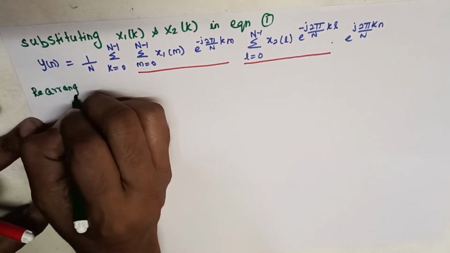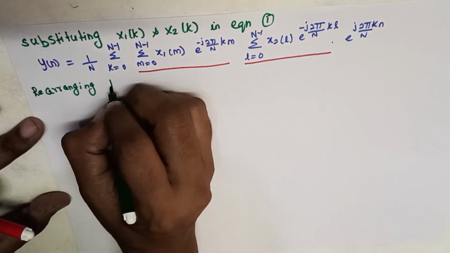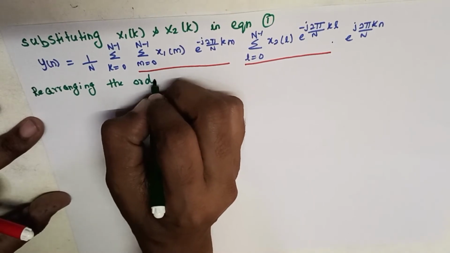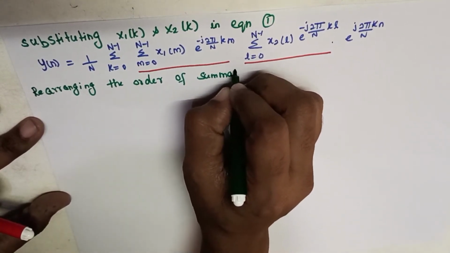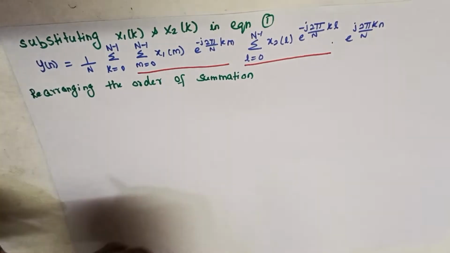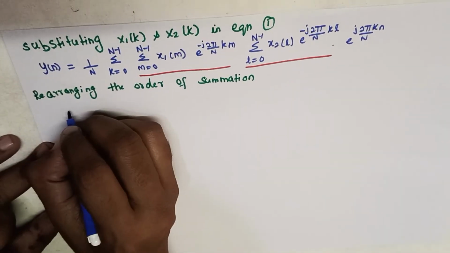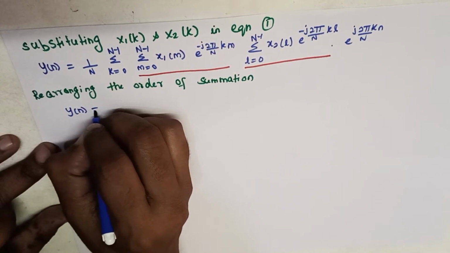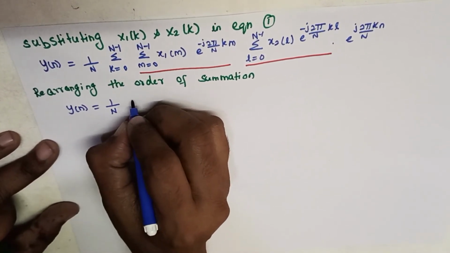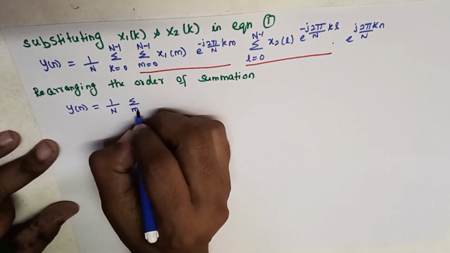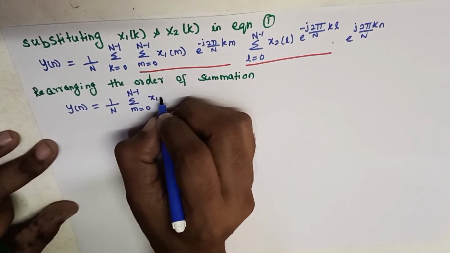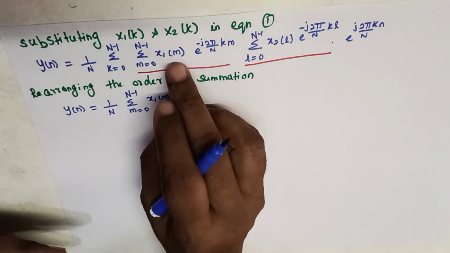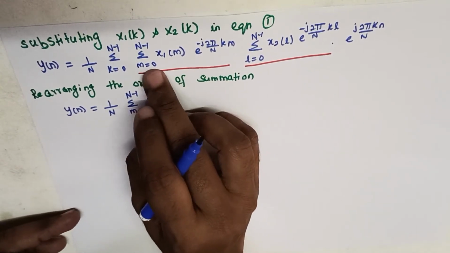So by rearranging the order of summation, we can write the same equation as y of n is equal to 1 by n summation m is equal to 0 to n minus 1 x1 of m, because this x1 has only m terms.